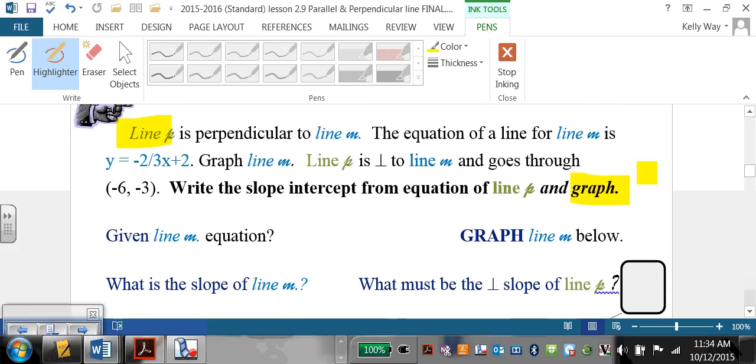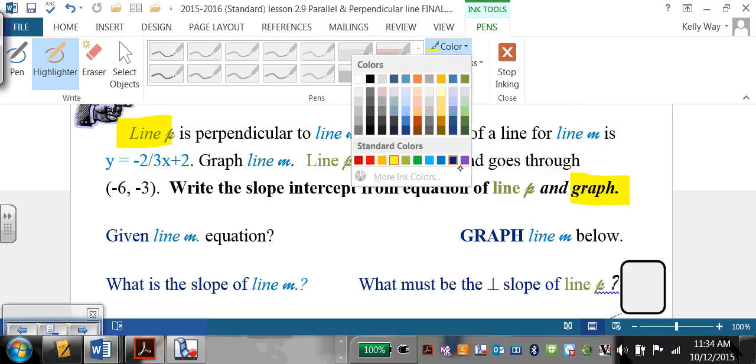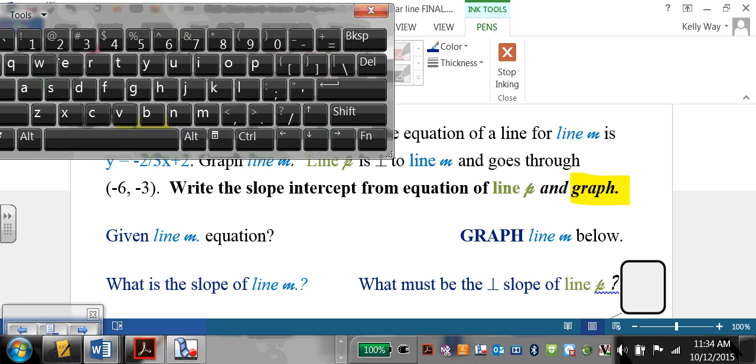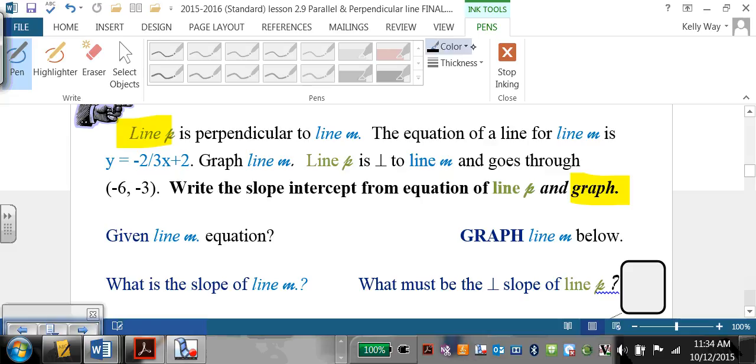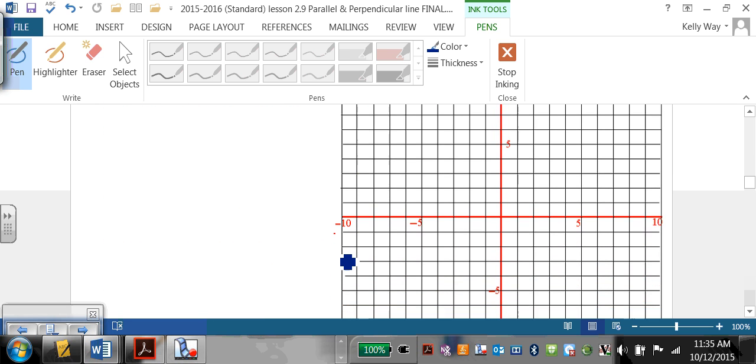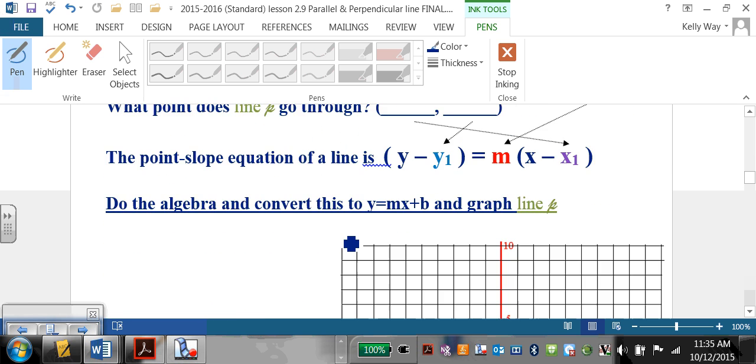With a show of fingers, how many lines are we talking? Two lines. There's what's called the given line and the derived line, which means you do something with it. Let's start by simply graphing our given line, which we have right here. Graphing our given line is going to be y equals negative 2/3 x plus 2. And then we graph it down below. Is it minus 2 or plus 2? Plus 2.